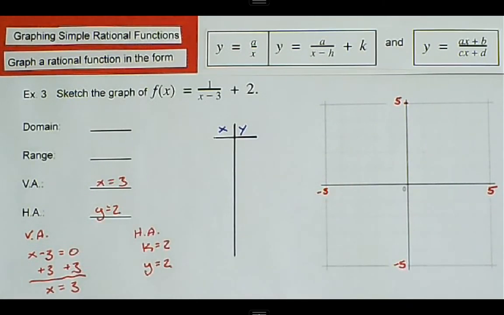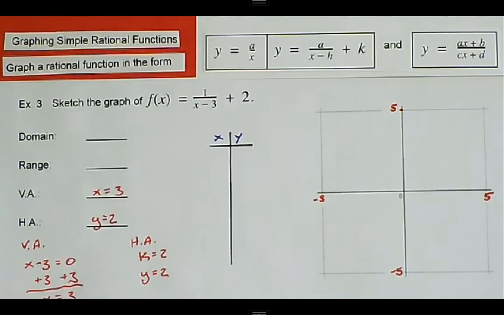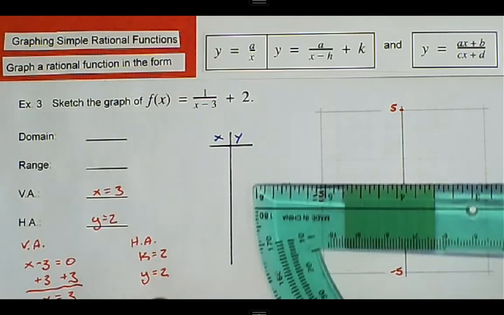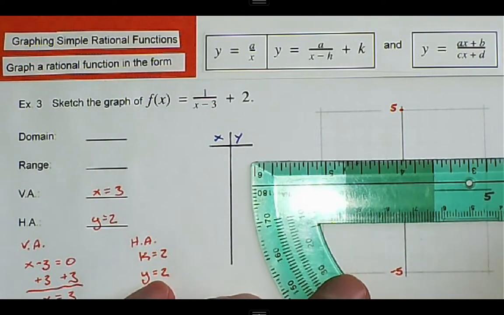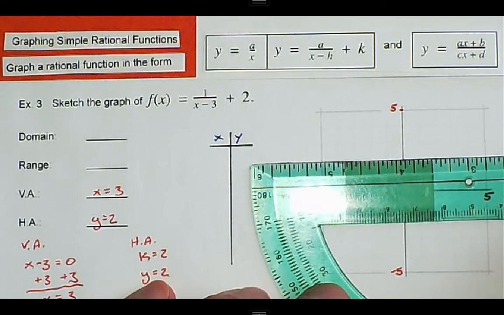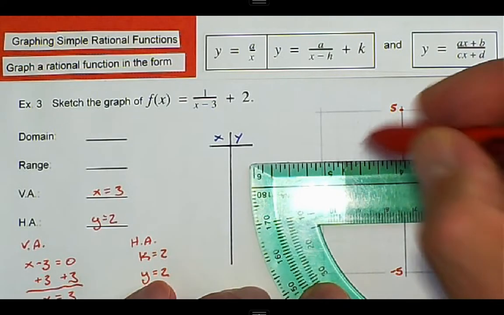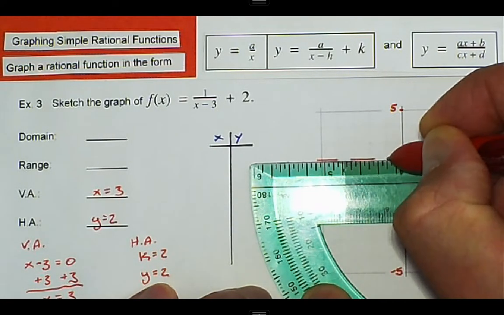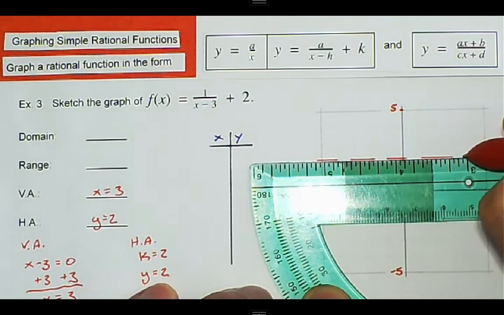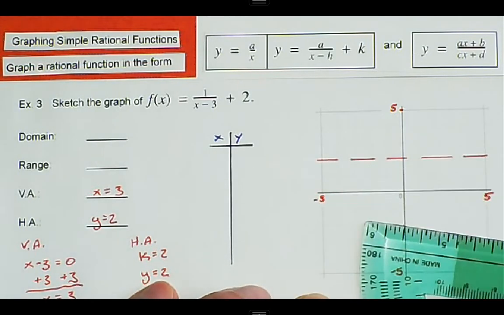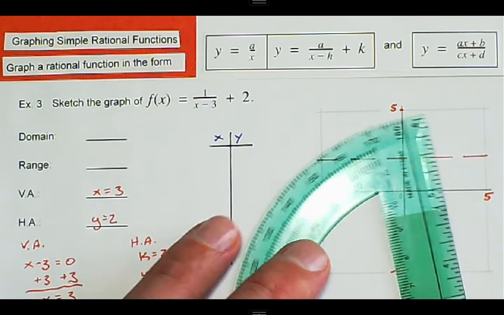And so I can graph those on the axis. And y equals 2, y equals positive 2 is up here. And x equals 3, positive 3 is over here as well.